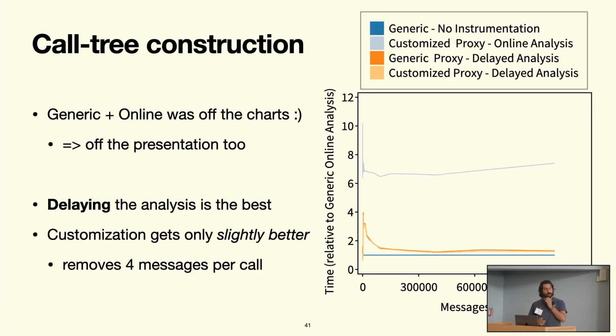So here you have the plot of the four. Actually, these are 4 of the 5, because the generic proxy with the handler with the online instrumentation was off the charts. I couldn't even finish. I wasn't patient enough to let it finish. Maybe another day. So I left it off the presentation.